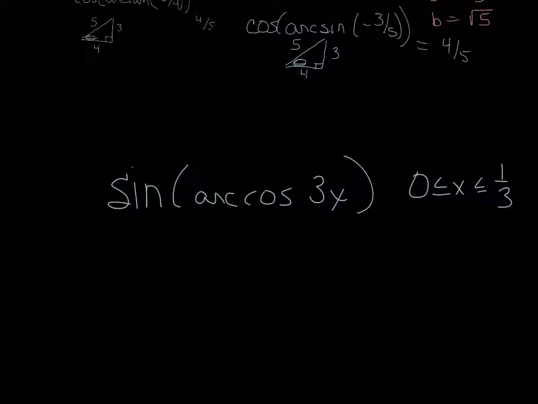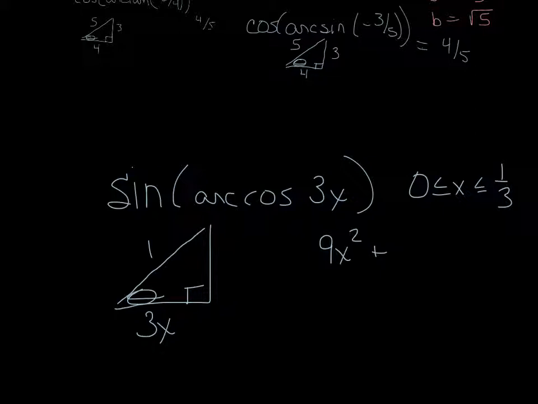We can draw a right triangle, and we know that cosine is adjacent over hypotenuse. So if I have 3x, then it's 3x over 1. So we know that (3x) squared plus b squared equals 1. b squared is 1 minus 9x squared.